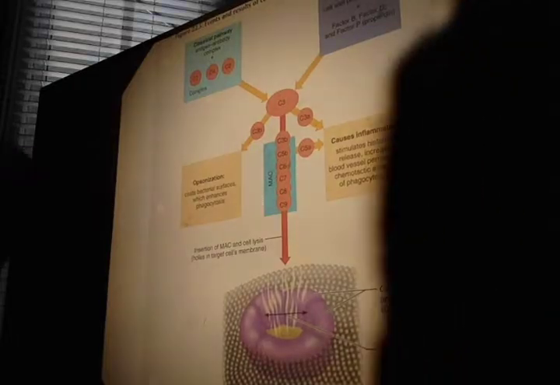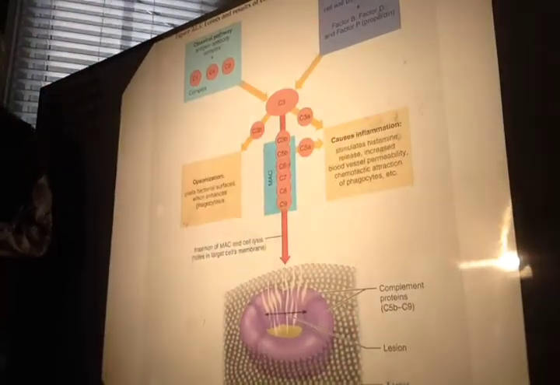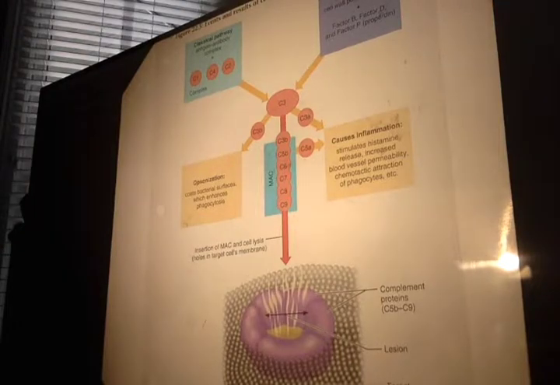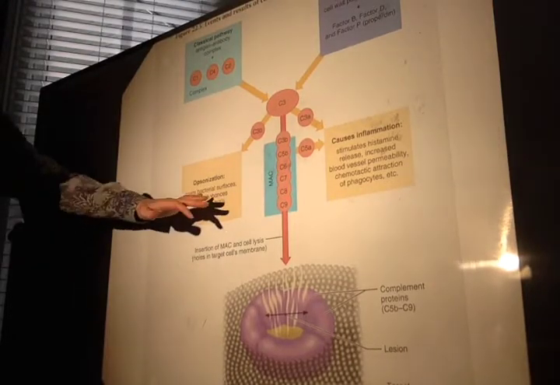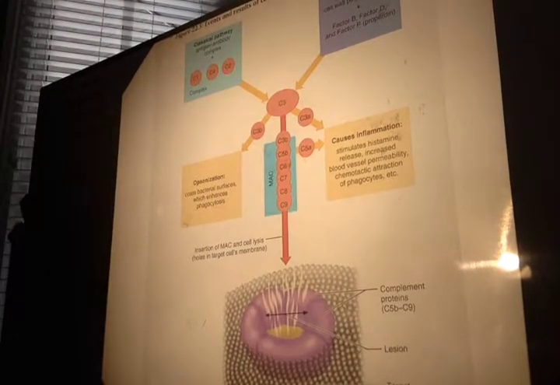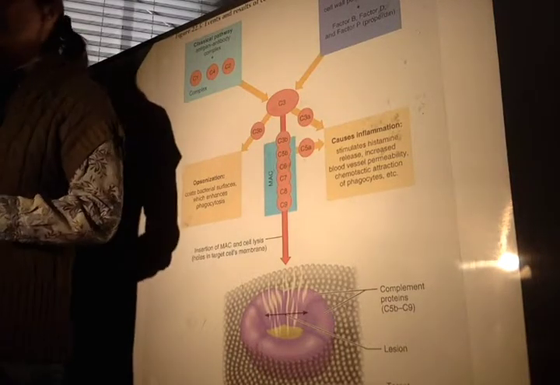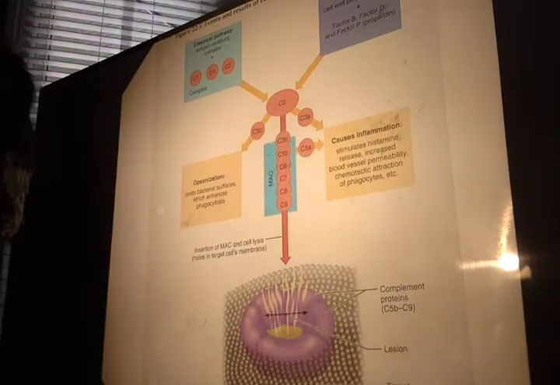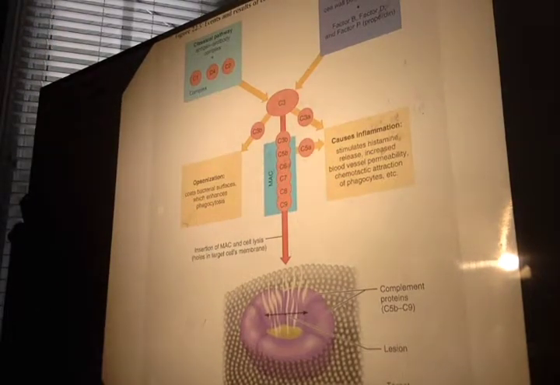The third thing that they can do is they increase and enhance inflammation. So in addition to histamine, cytokines, and these other chemicals, the complement proteins also enhance the immune response in the area.